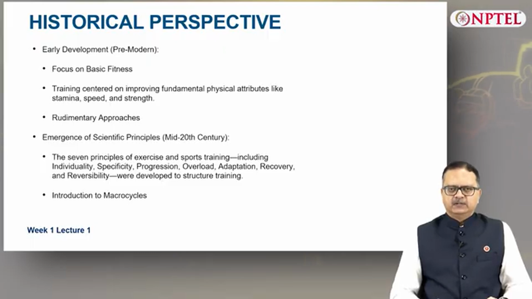And the principle of reversibility simply means use it or lose it. If you do not use a particular body part, muscle, or tendon or ligament, the strength gains will be reversed within a short period of time. So these are the 7 principles of exercise and sports training, and these were developed in the mid 20th century. In the mid 20th century, they also started developing something called macro cycles, which we'll be discussing a bit later.